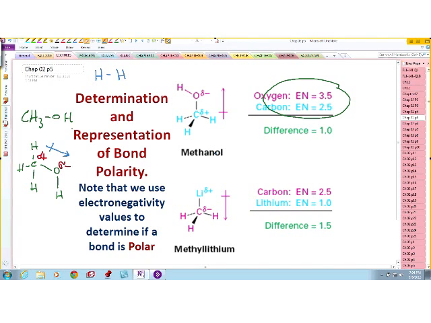Now, we could take this even further. Just as we can measure the polarity of individual bonds, we could also measure the polarity of a complete molecule.